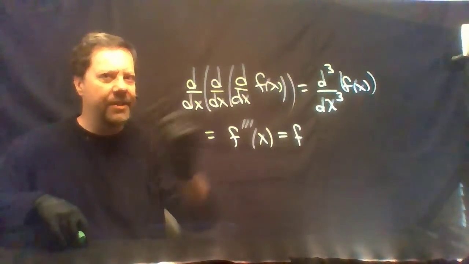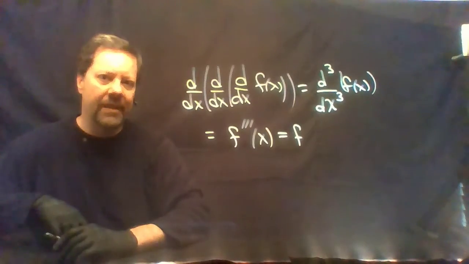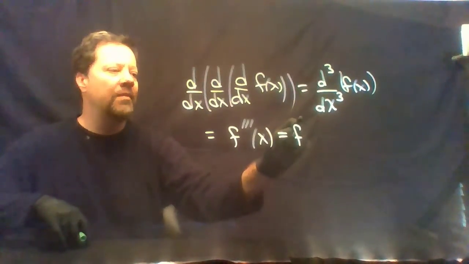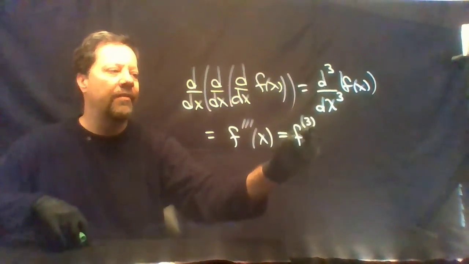So there's another notation that we will use describing the number of derivatives, and that is parentheses 3.